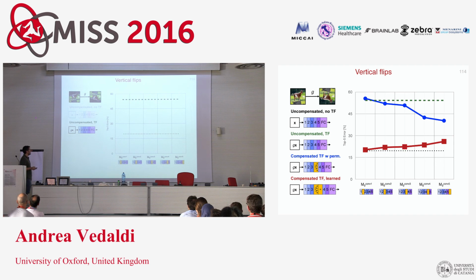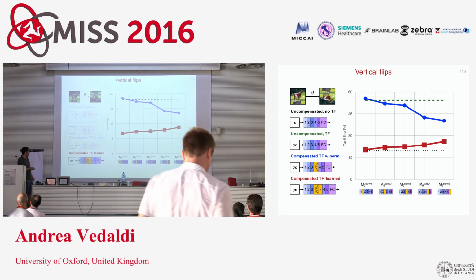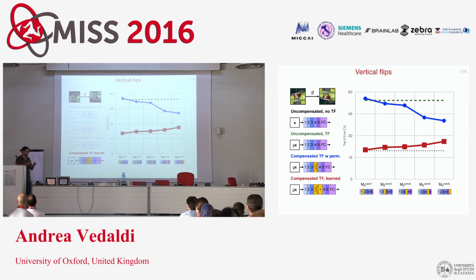What I'm trying to do is to essentially compensate for this flipping by learning a layer in between the network that actually does the reverse. All right? So I compute from the flipped image conv1, conv2, conv3, and then I learn a very simple transformation that tries to undo the effect of flipping, and then I continue doing what I was doing before without any change.